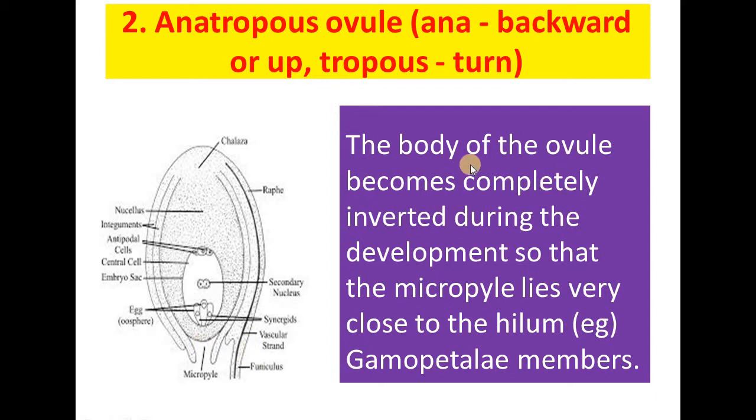So the body of the ovule becomes completely inverted due to the 180-degree turn, so that the micropyle lies very close to the hilum. Such kind of ovule can be seen in the Gamopetali members.